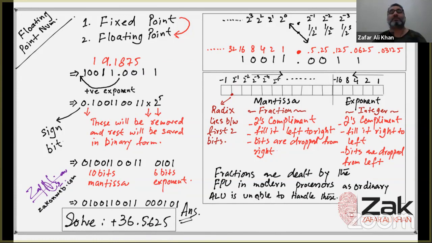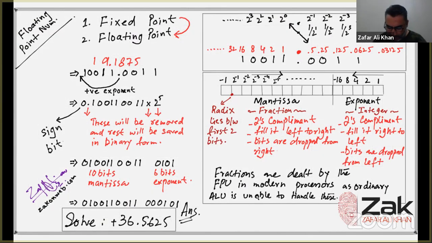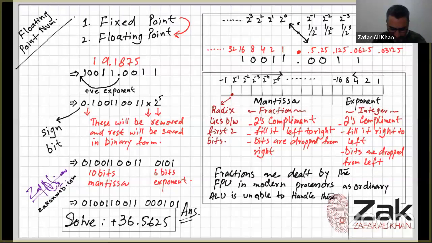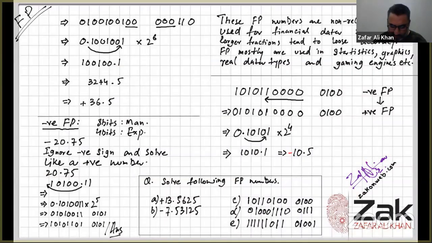But ultimately, the number that will be saved will only be 36.5. Afterwards, we discussed this was from denary to binary form in floating point, and this is from binary to denary floating point. So I saved the answer from this question 36.5625, but 0625 is dropped, so we just took the original one.